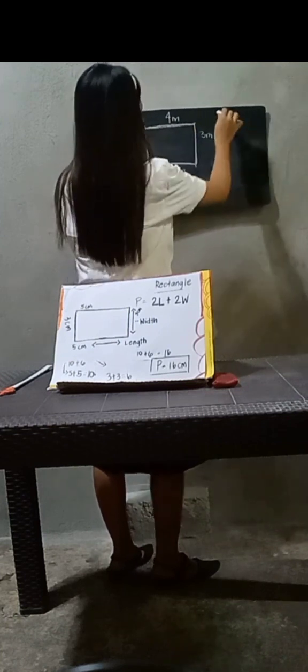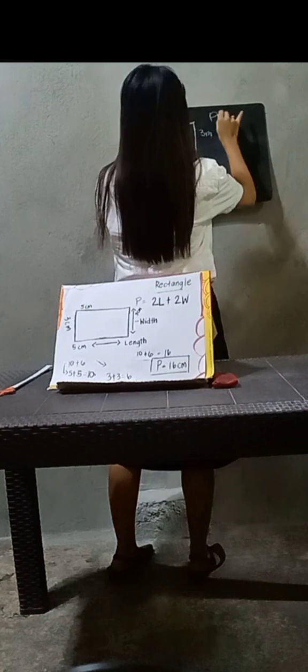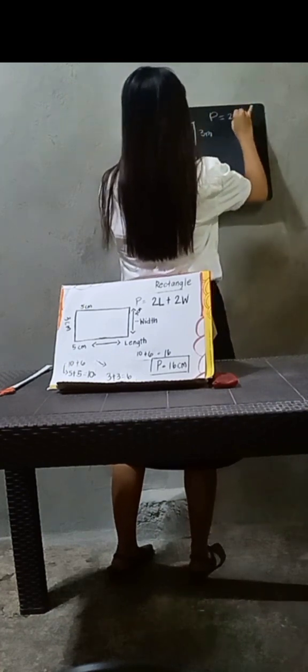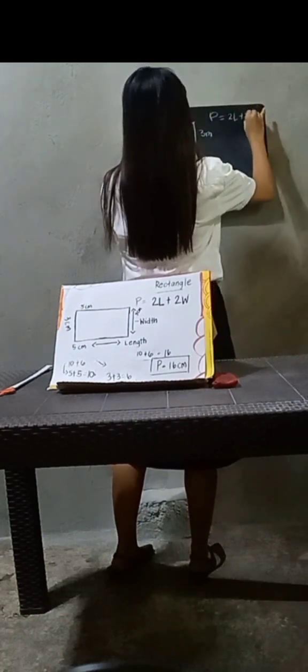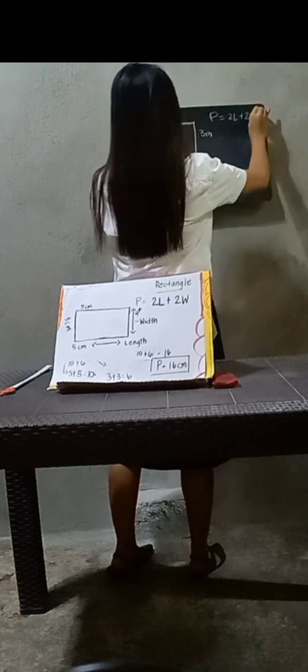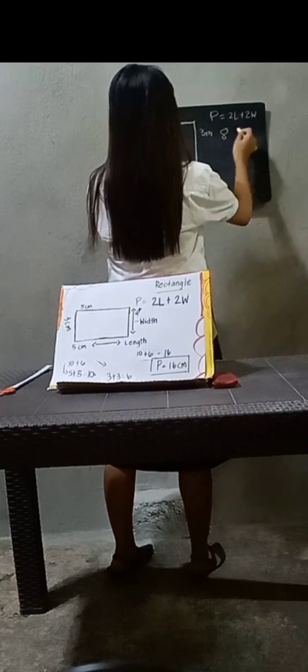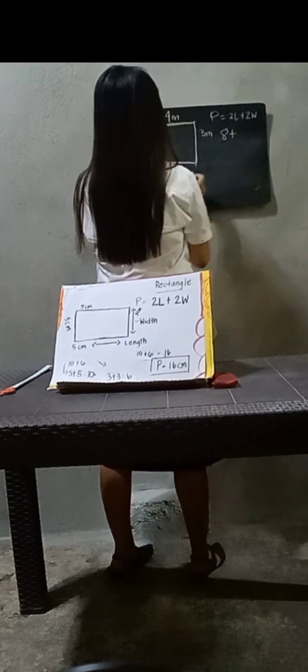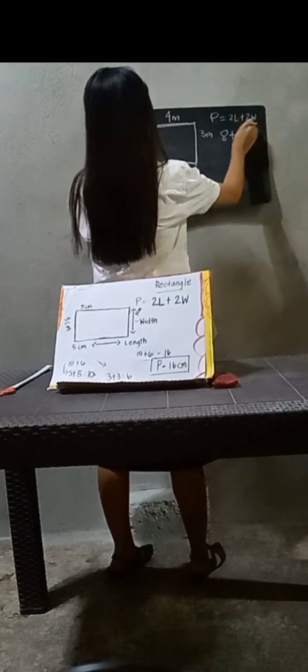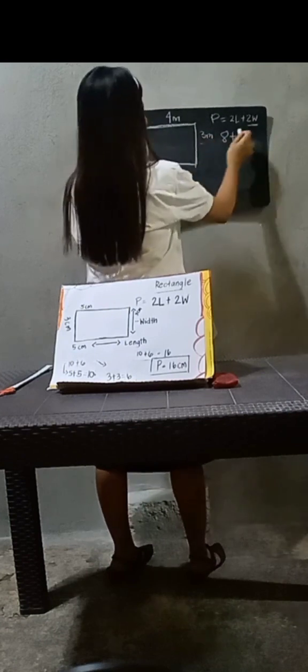So P equals 2L plus 2W. 4 plus 4 equals 8. Then we need to get this 2W: 3 plus 3 is 6.